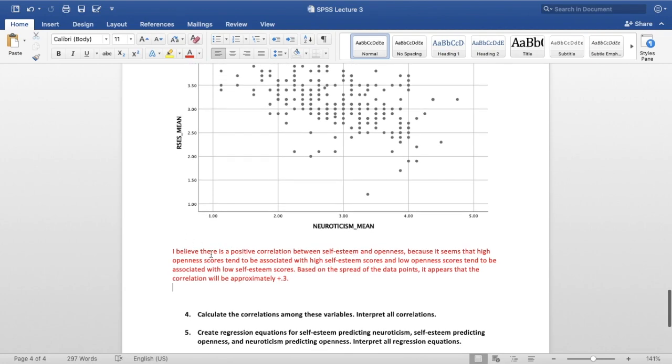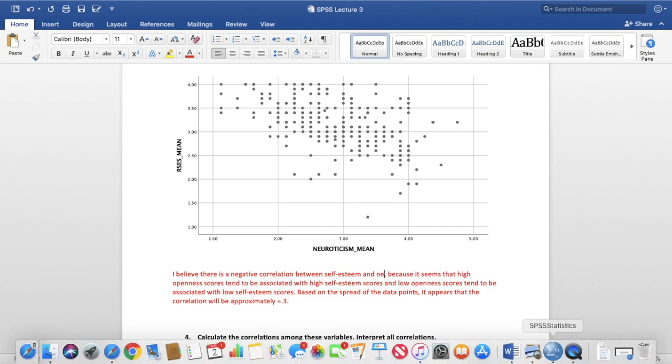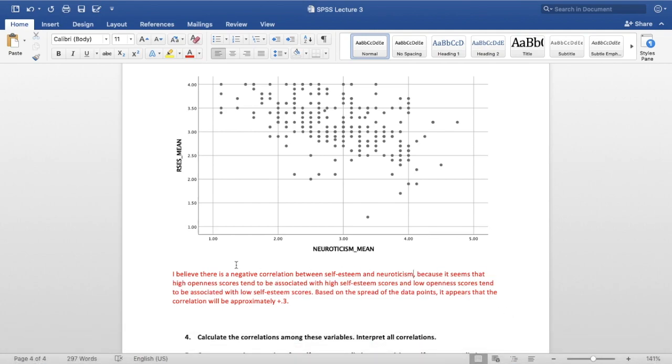Okay, so I believe there is a negative correlation between self-esteem and neuroticism, because it seems that high neuroticism tends to be associated with low self-esteem, and low neuroticism scores tend to be associated with high self-esteem scores.